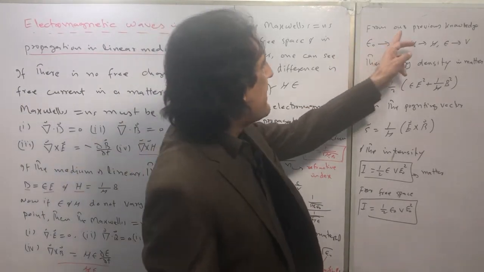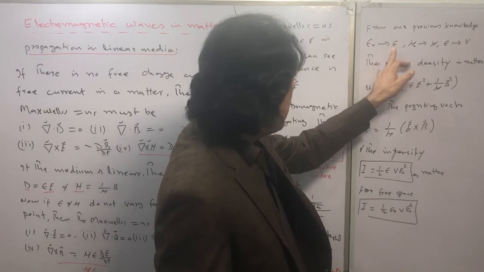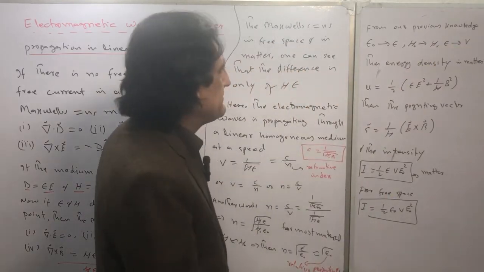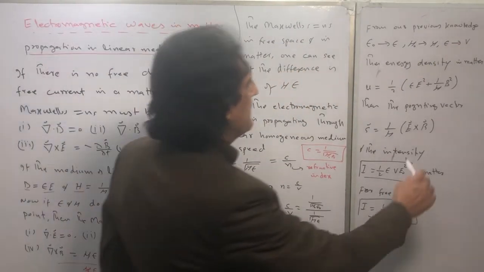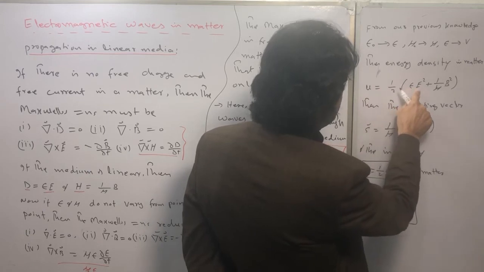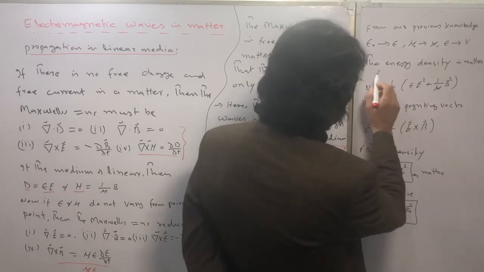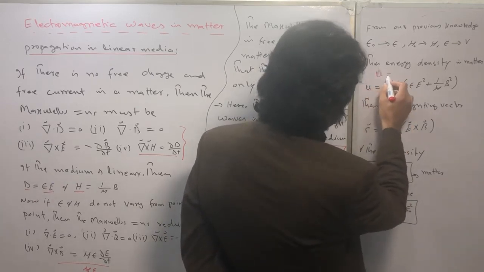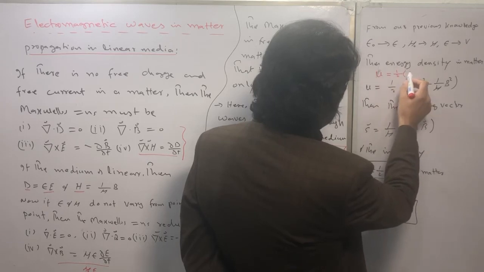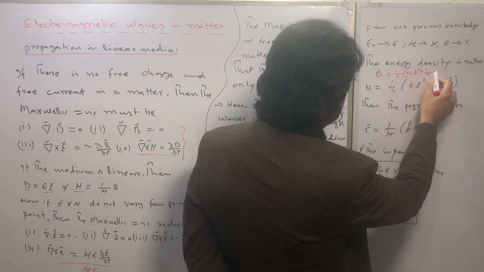From our previous knowledge, if we replace epsilon naught by epsilon, mu naught by mu, and c by v, then the energy density in matter will be equal to half epsilon E squared plus 1 over mu B squared. For free space, we have already calculated this energy density, and it was 1 over 2 epsilon naught E squared plus 1 over mu naught B squared.